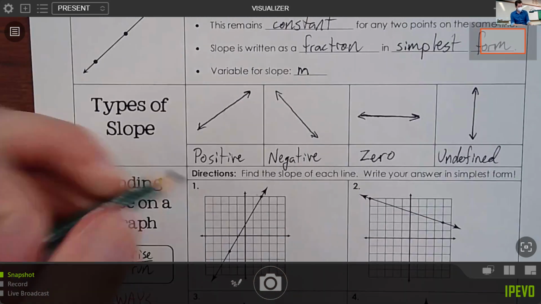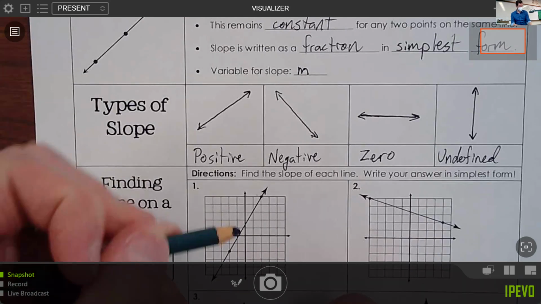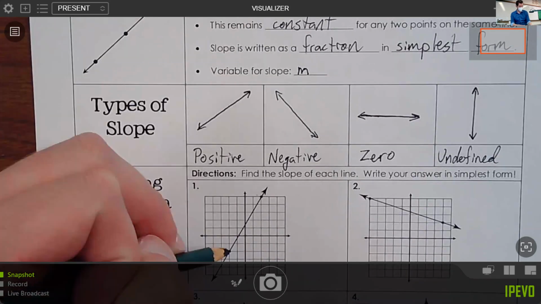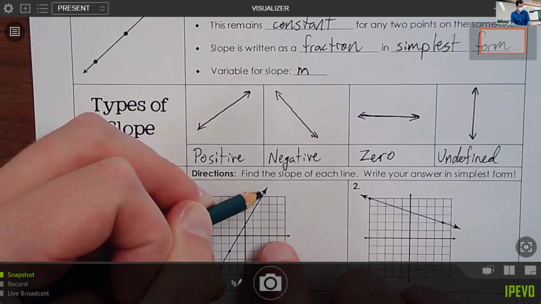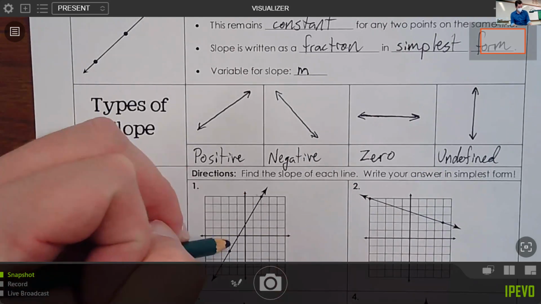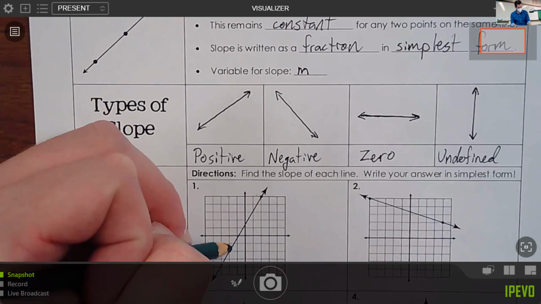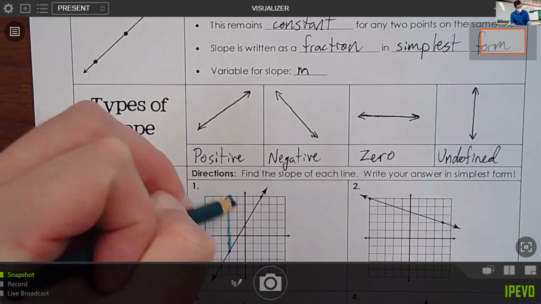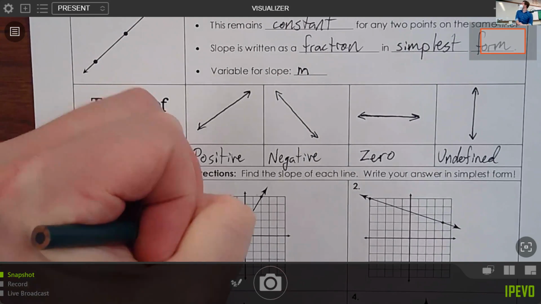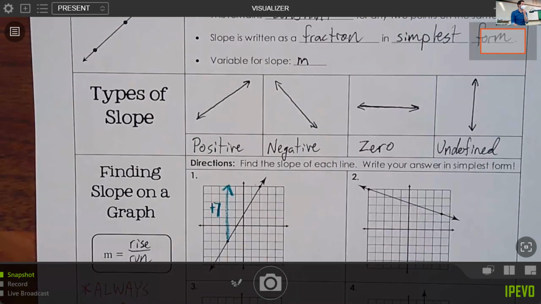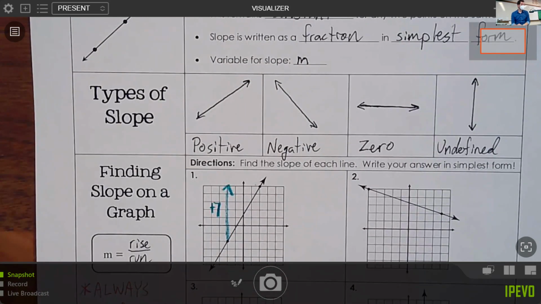And so we're going to go straight up. We're not going to go diagonally. We're going straight up. So if we count from here all the way up to where this point is up here, it is 1, 2, 3, 4, 5, 6, 7. So the rise is plus 7. So we've got a rise of 7.